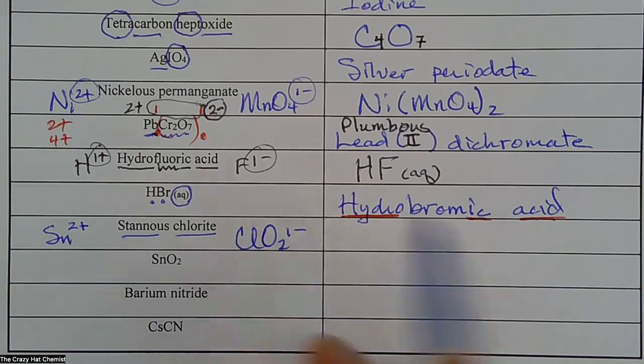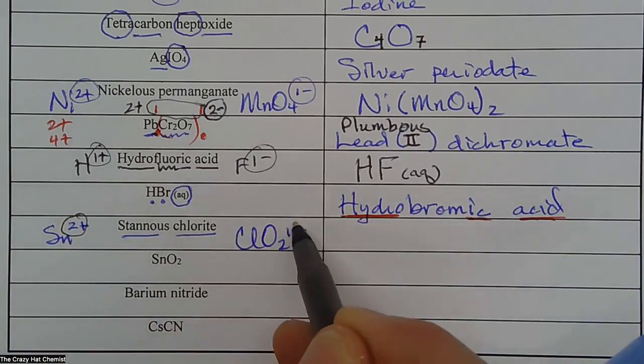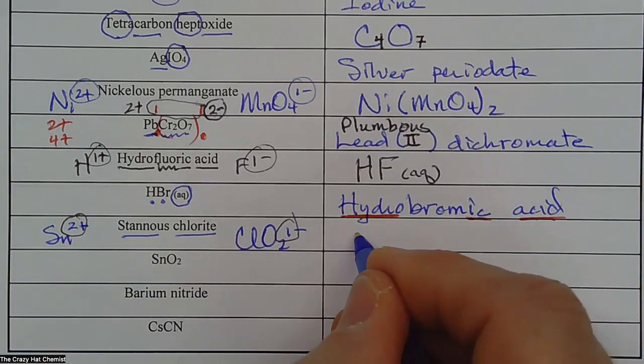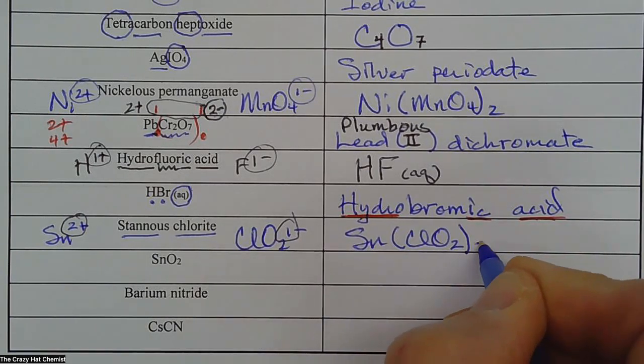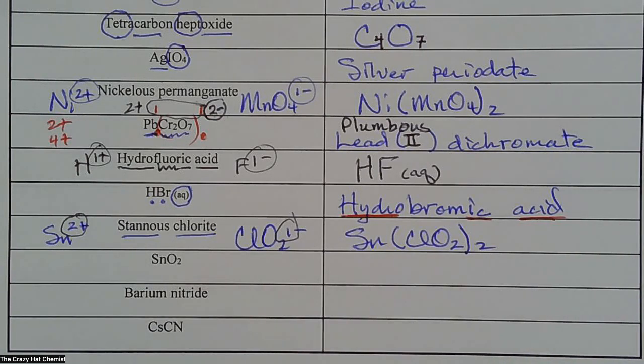We're going to take the absolute value of these two numbers, flip them, and bring them down. I get Sn(ClO2)2. All right, cool, awesome.